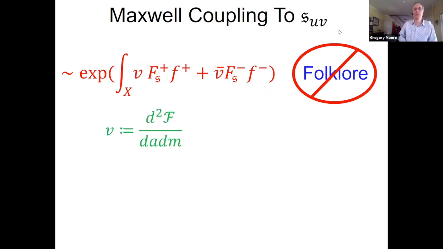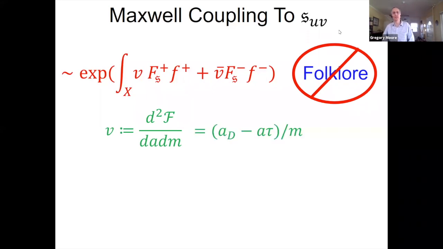And what is V? V is the second derivative of the prepotential with respect to A and M. So again, to address questions that I was being asked about before, you'd better know the right M dependence of your prepotential to write this down.